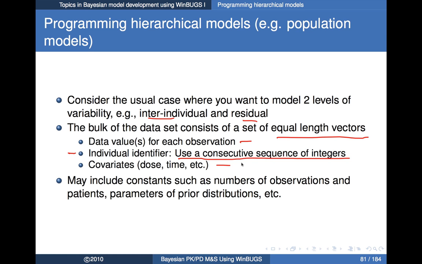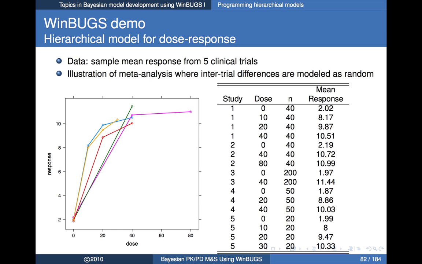Then you may have a bunch of covariates in there, and in the context we're working in, typically we'll have dose and time. In addition, your data set may include a bunch of constants, things like how many observations there are, how many patients. You might include, for example, the parameters for prior distributions as part of your data set. So let's start there.